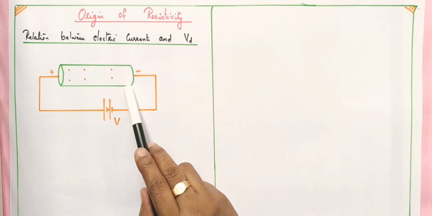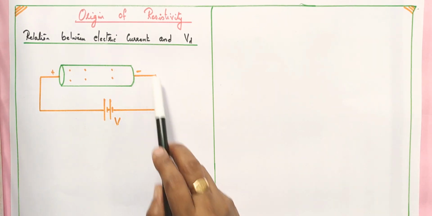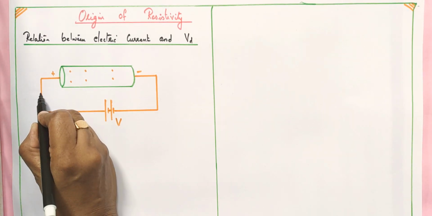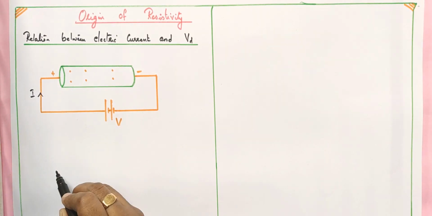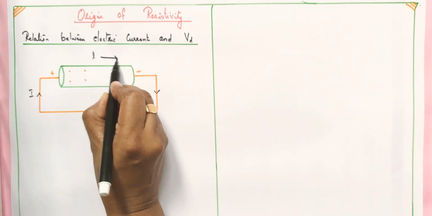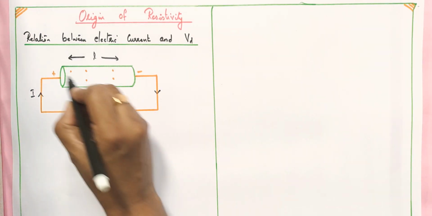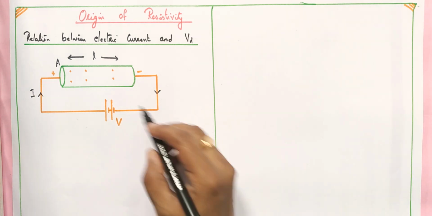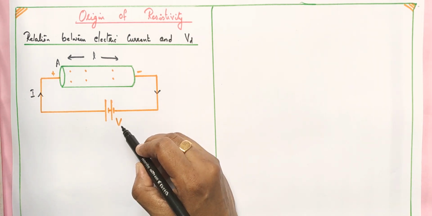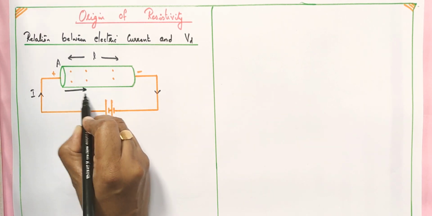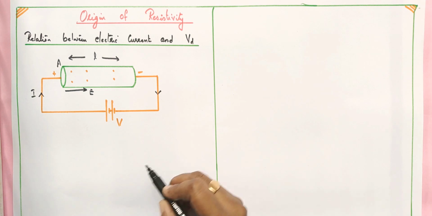Now, consider this is a conductor which is connected to an external battery, so that I be the current flowing through it. Let L be the length of the conductor and A represents its area of cross section. When this conductor is connected to the external potential difference, this is the direction of the electric field from positive to negative.